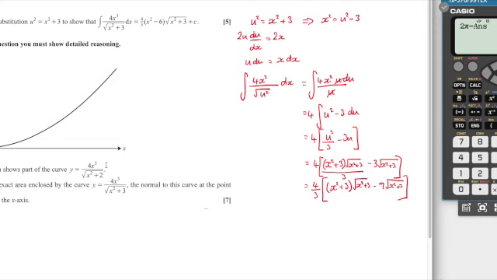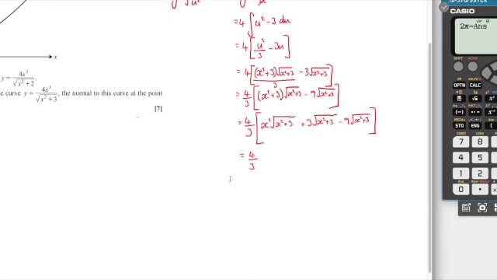We're going to go 4/3, x squared root x squared plus 3, plus 3 root x squared plus 3 minus 9 root x squared plus 3. Aha, there it is. Oops, that's slightly off screen.